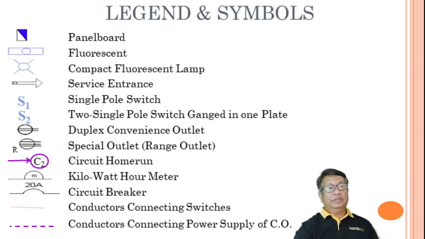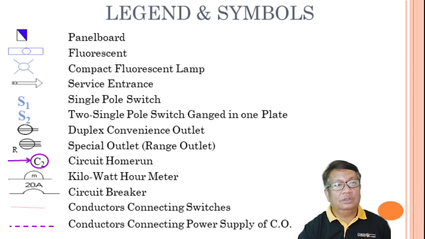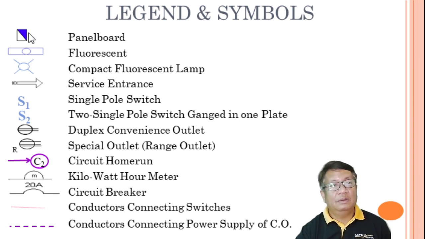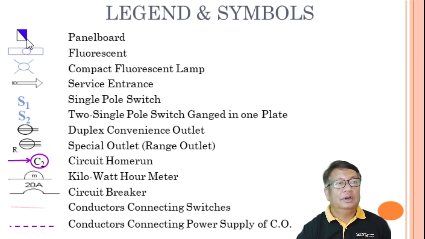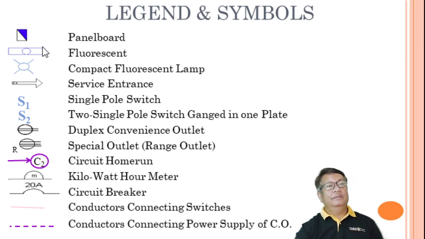And another important item here is the legend and the symbols that we are going to use in our design. So as we said here, we use this symbol as our symbol for the panel board or the breaker panel. Then we have the symbol of the fluorescent lamps, the symbol of the compact fluorescent lamp or the CFL, or maybe this time you can use LED lamps, no?